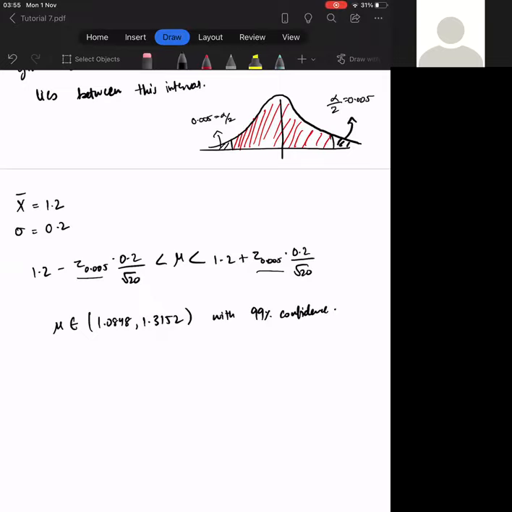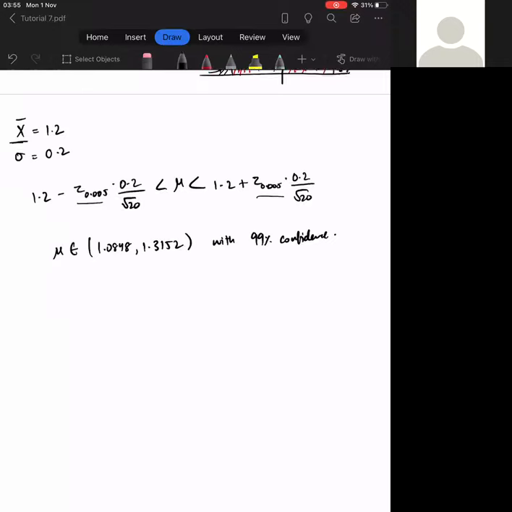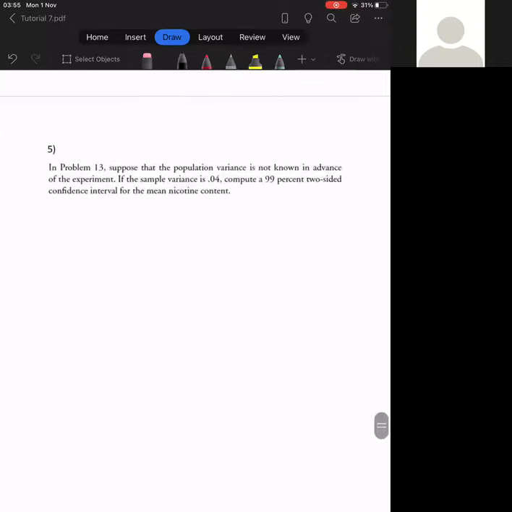These intervals are random. We know that X bar is random itself, and the sample mean will vary as you take different samples. So that's just something to keep in mind. So yeah, this is the final answer. Moving on.